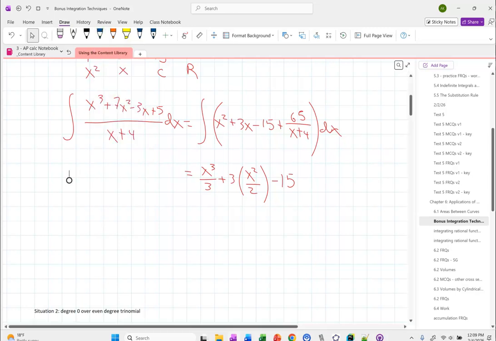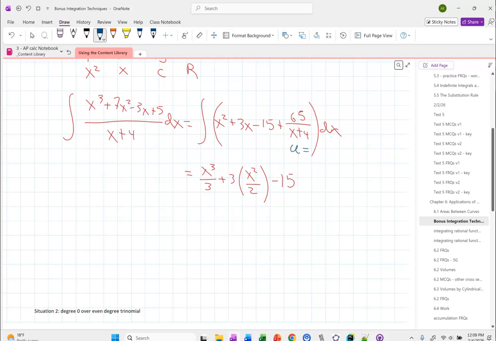I can still integrate that, I just need to use a u substitution. What should my u be? x plus 4, which means when I differentiate both sides, du is just dx. So I can pull the 65 out front, and we're going to be integrating 1 over u du.